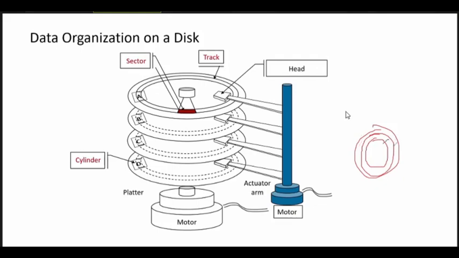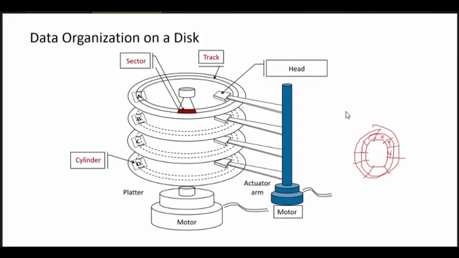Inside those tracks, you'll have multiple sectors. So let's just say something like this. This will be sector 1, this will be sector 2, 3, and so forth for this track. Then the outside track will have more sectors. So it just keeps going out this way.